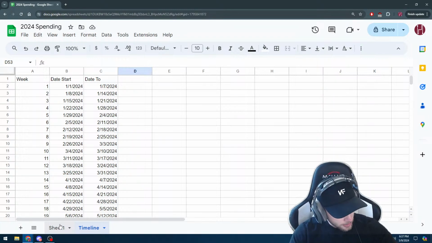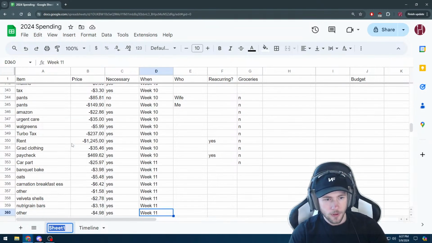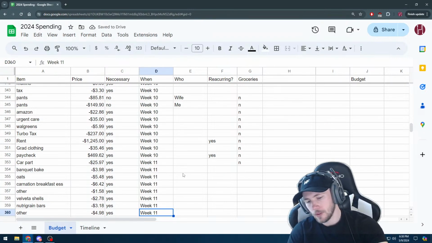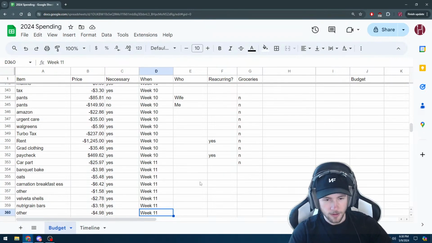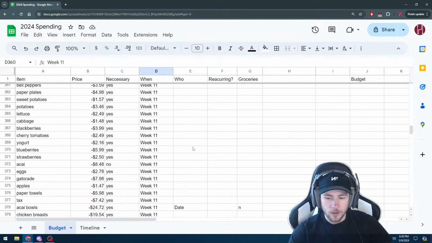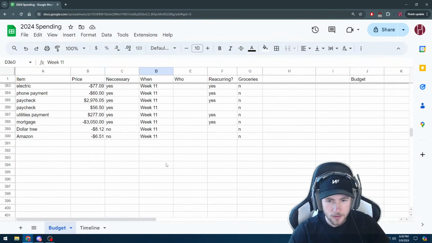So we're going to make a couple piles. We look at our budget base here. We are on week 11.